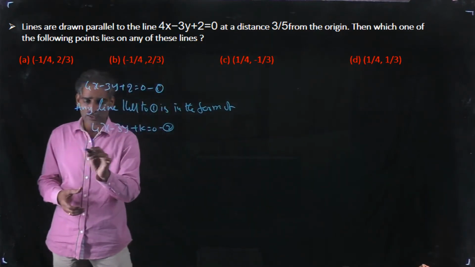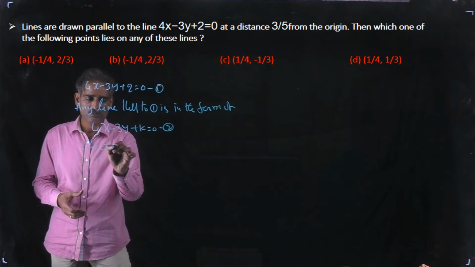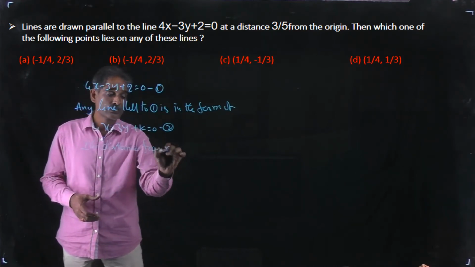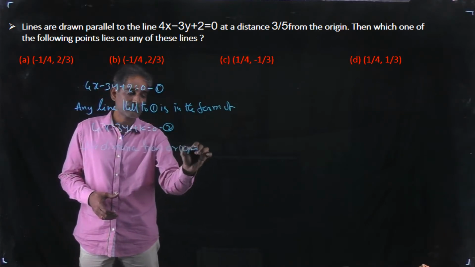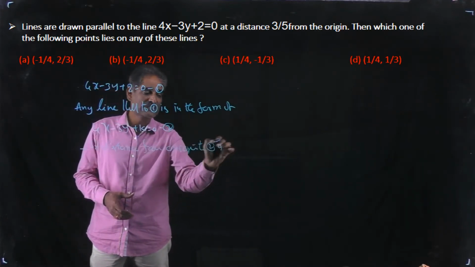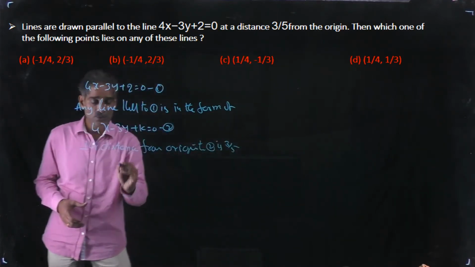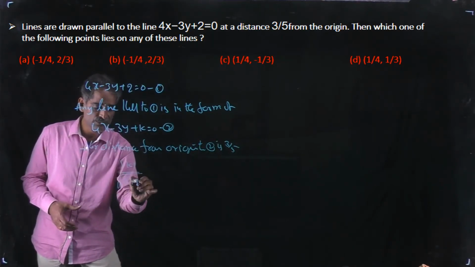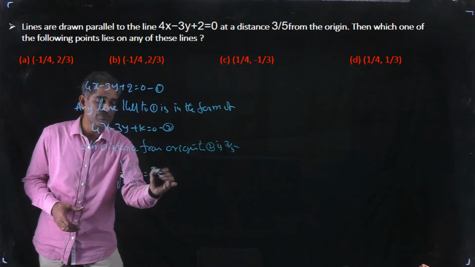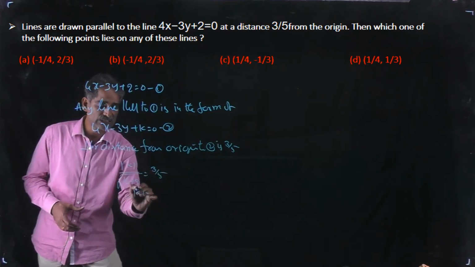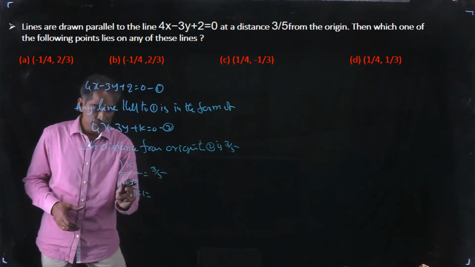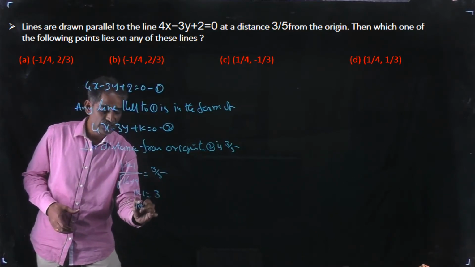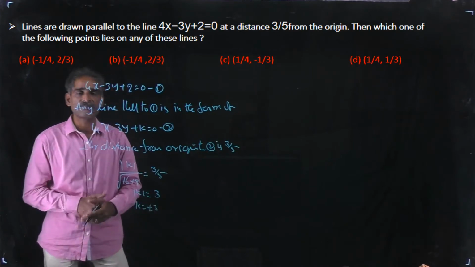So the perpendicular distance from the origin to 2 is 3 by 5. That means mod c by root of a square plus b square is equal to 3 by 5. Mod k by 5 is equal to 3 by 5, the 5s get cancelled, so k is equal to plus or minus 3.